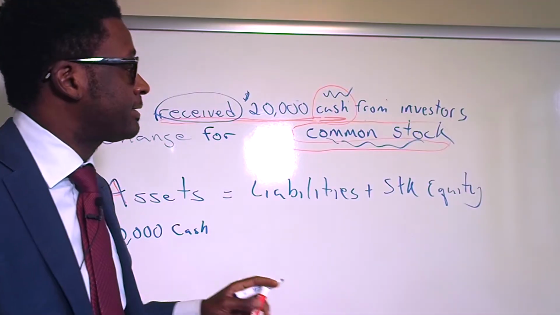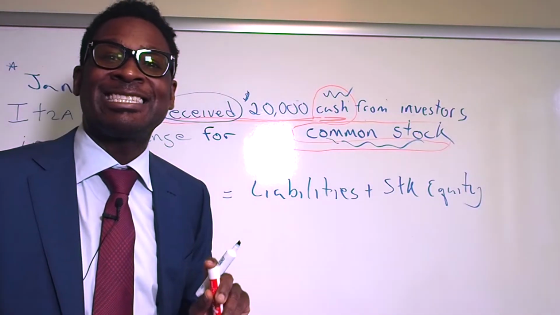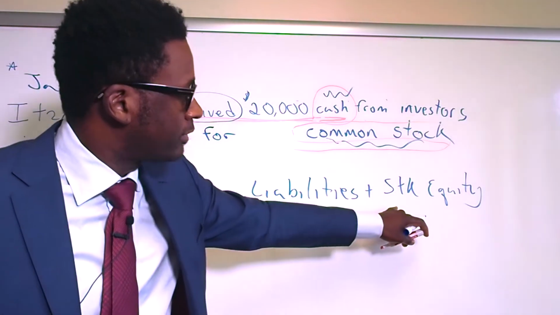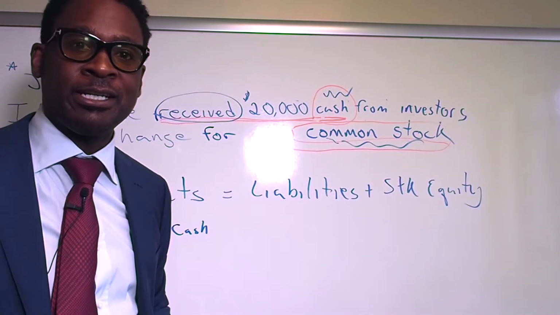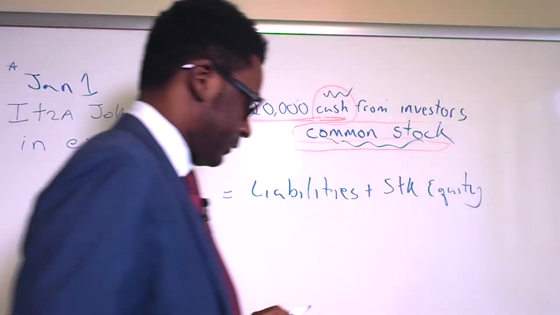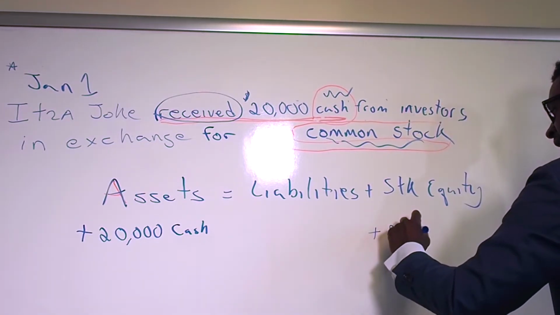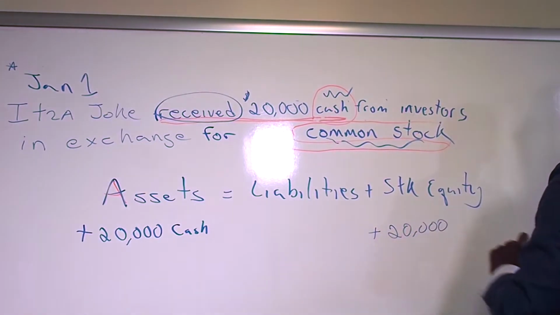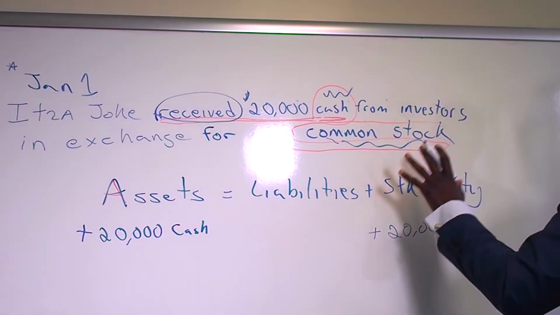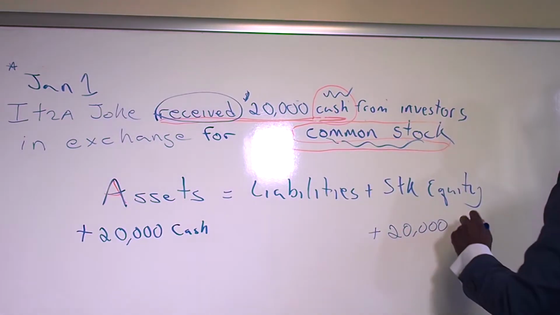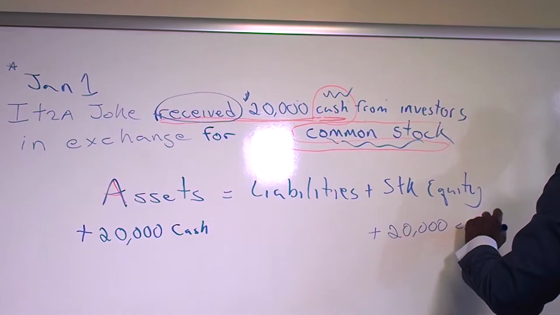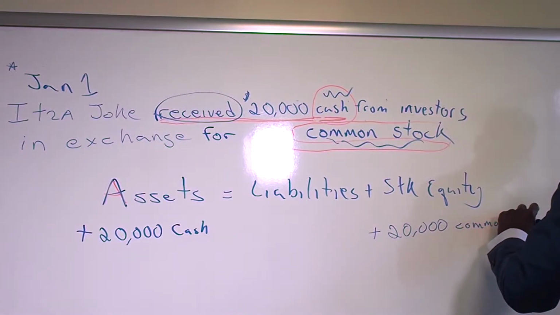So with that being said, our common stock has now increased, causing our stockholders' equity to go up as well. So our stockholders' equity increased from this transaction by $20,000. And the account that caused stockholders' equity to increase obviously was common stock.